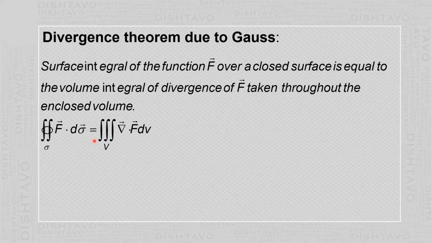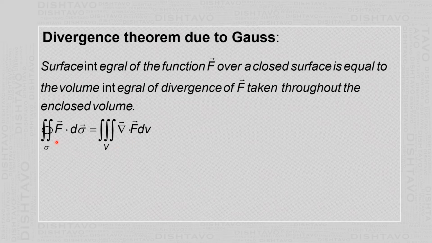Now this is equal to the volume integral. The volume integral is a triple integral, and V shows that it is a volume integral of the divergence of the function. Divergence of the function means del dot f, and beside this a very small change in volume d tau should be there. Here the integrand is a scalar quantity because del dot f is a scalar quantity.